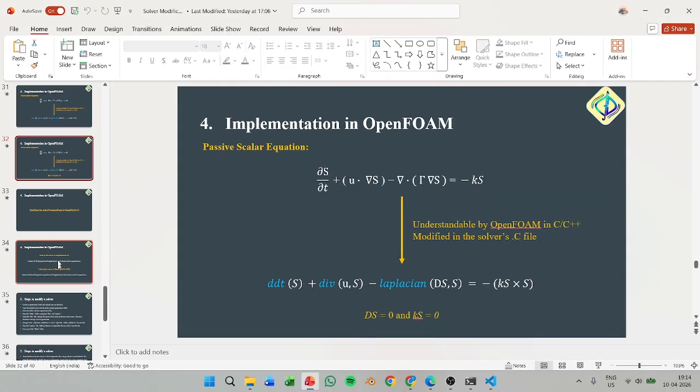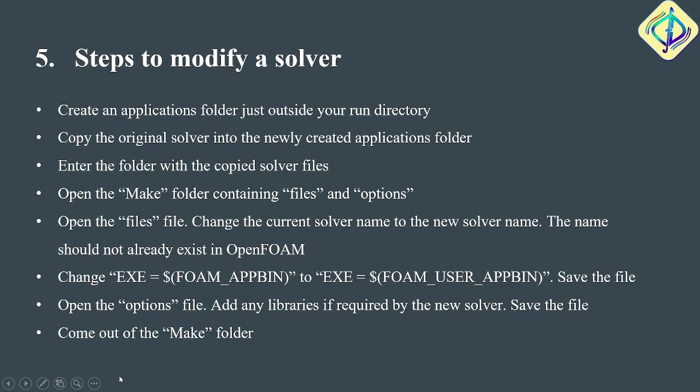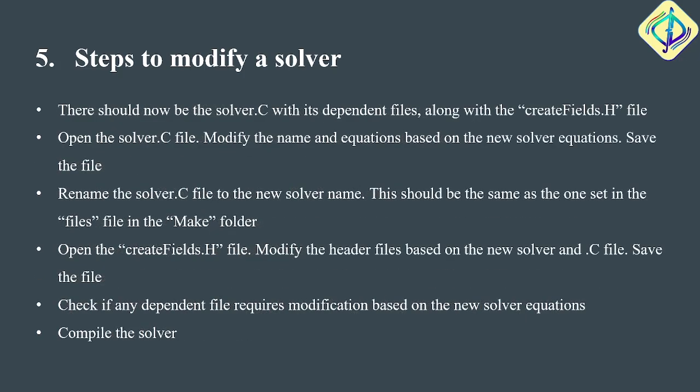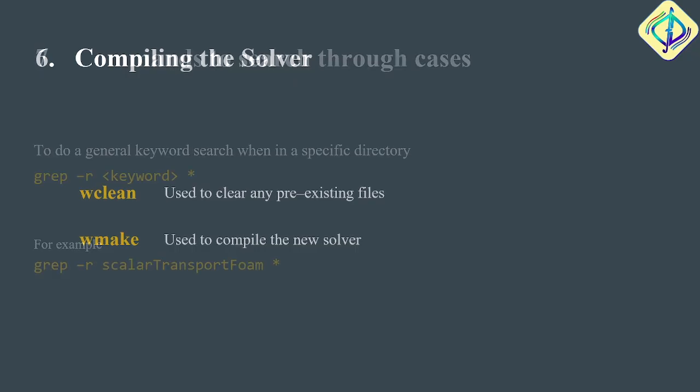Okay. So again, I've also added the steps for the solver modification part. If you have the video, you can obviously look at the video. But in case you are not able to understand from the video and you require some steps, you can go through these steps. So again, you can create your entire thing, wclean, wmake to execute your solver.